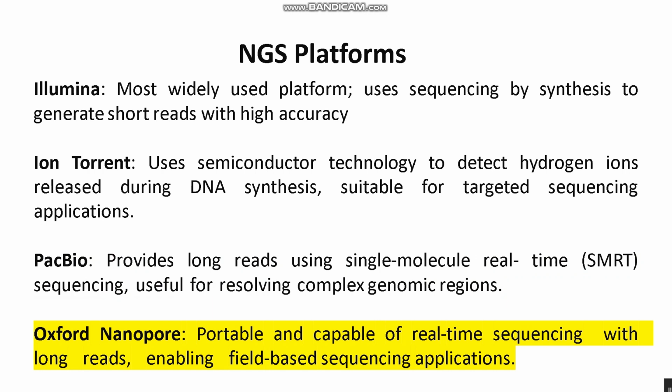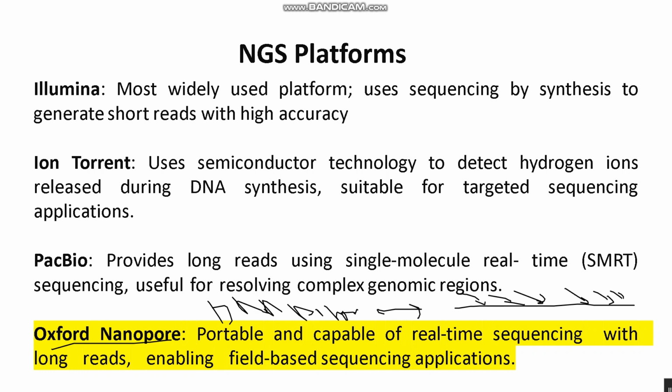But in Oxford Nanopore, no DNA polymerase is needed. No DNA polymerase is needed means the actual sequence is inferred.